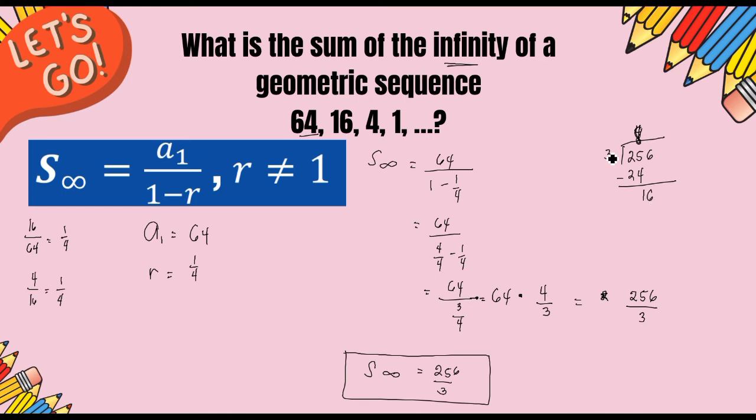Bring down 6. 16 divided by 3 is 5. 5 times 3 is 15. 16 minus 15 is 1. So, ang gagawin po natin, magdadagdag tayo ng 0 at decimal. So, 10 divided by 3 is 3. 3 times 3 is 9. 10 minus 9 is 1. Again, dagdag ng 0. So, ganun pa rin po. Magiging 3, then 9, 1. So, as you can see, wala pong katapusan.